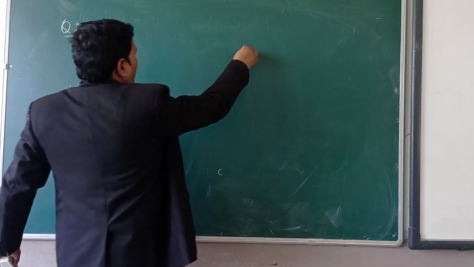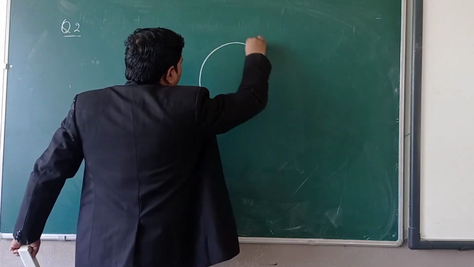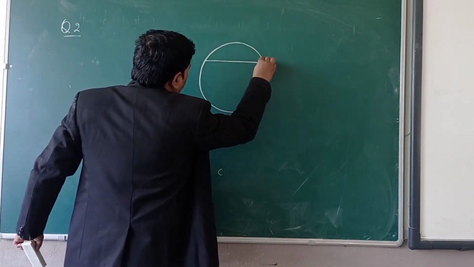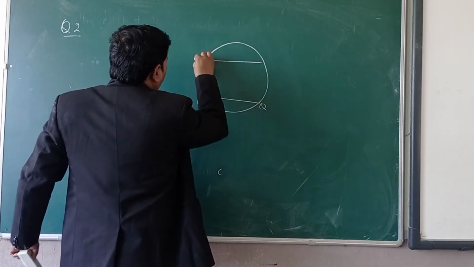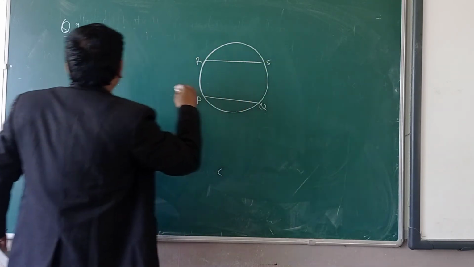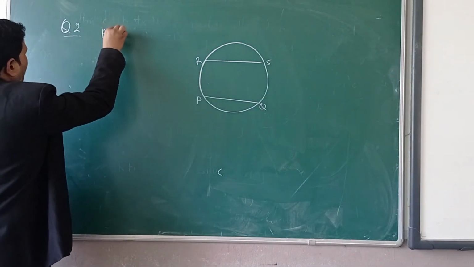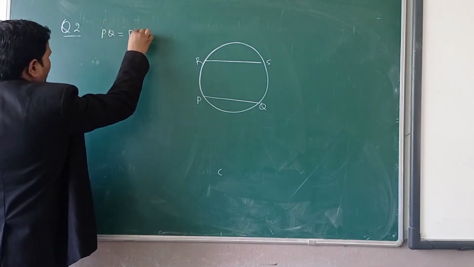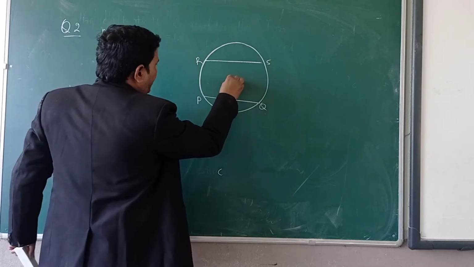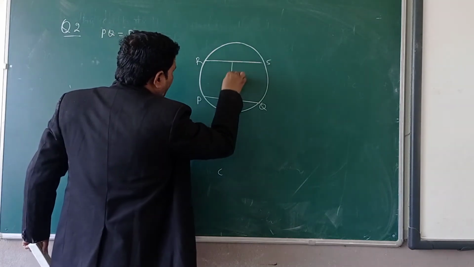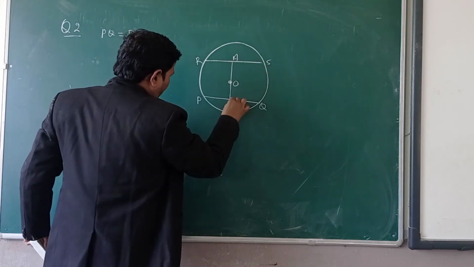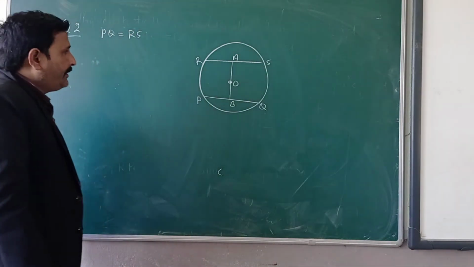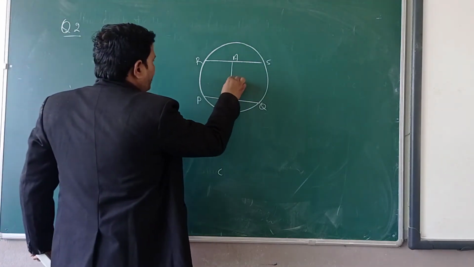In a circle, suppose this and this are equal chords, PQ and RS. Given PQ is equal to RS, if chords are equal, then they will be equidistant from the center of the circle. A, B. You have to prove equidistance.